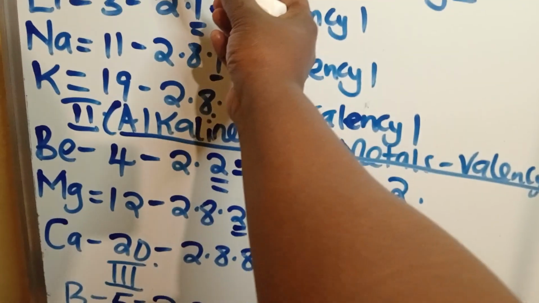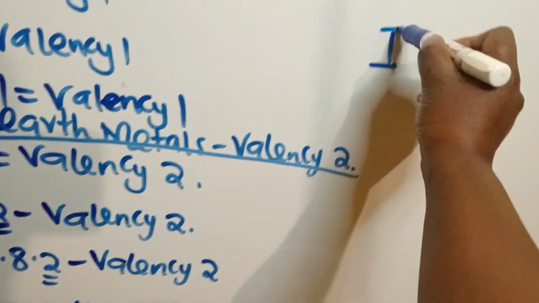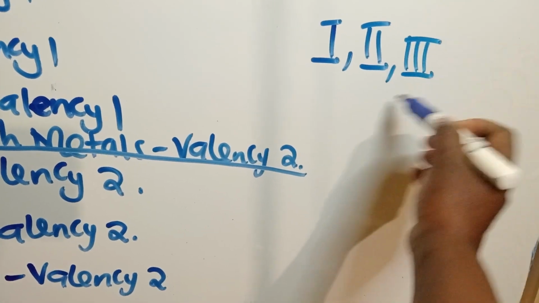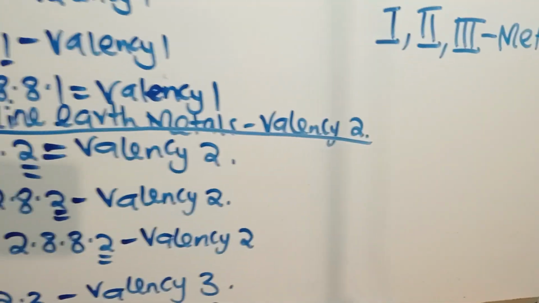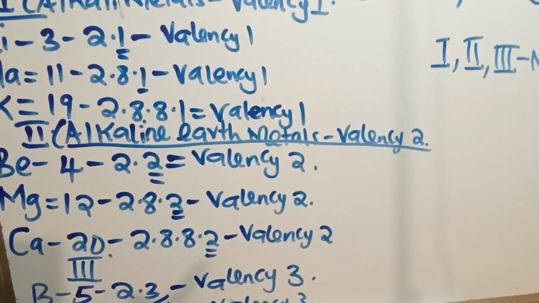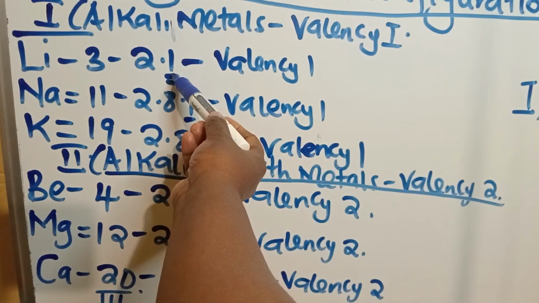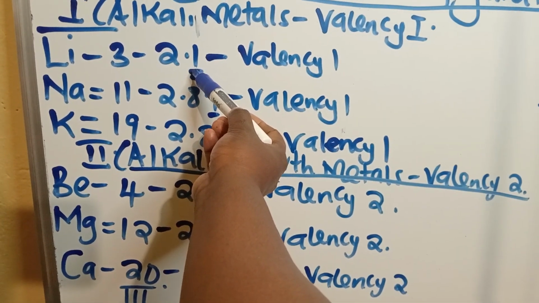These 3 groups, in conclusion, group 1, group 2, group 3 elements, they are all metals, because it is very easy for the three groups to lose electrons from the outermost energy level. Like this one has only one.